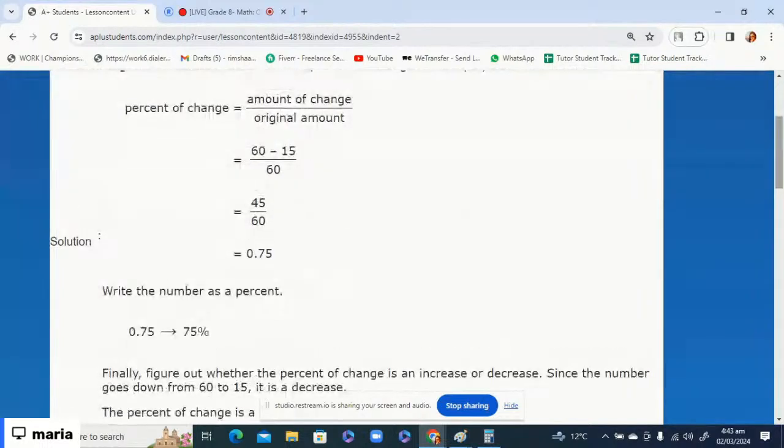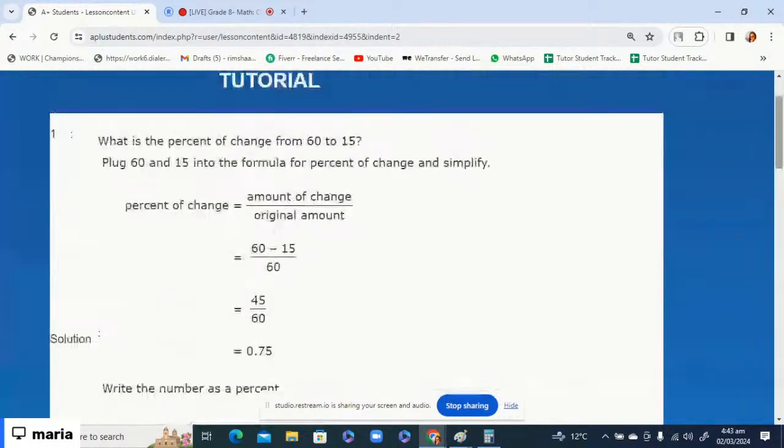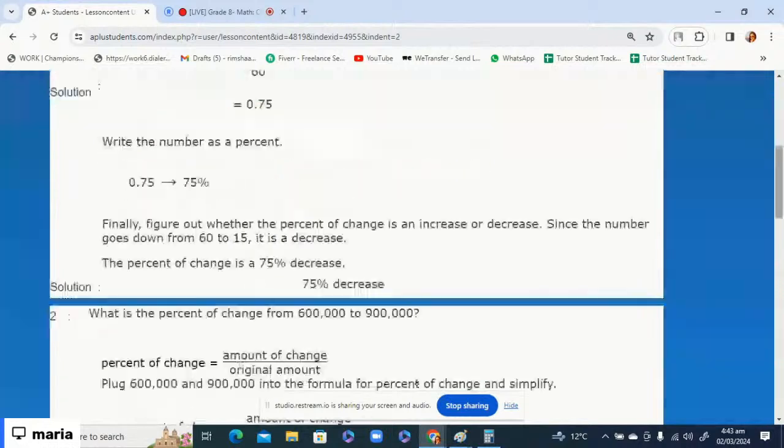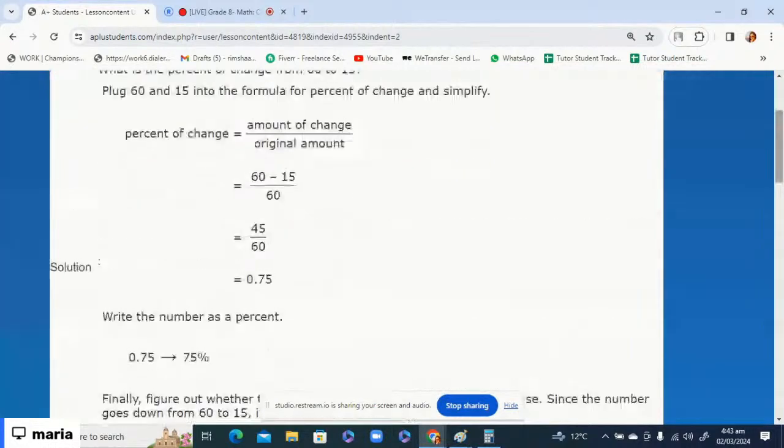But look at the question: it's 60 to 15, that is moving down, so it means that it decreases. Then convert 0.75 into percent form by multiplying with 100, and you get the answer 75%.